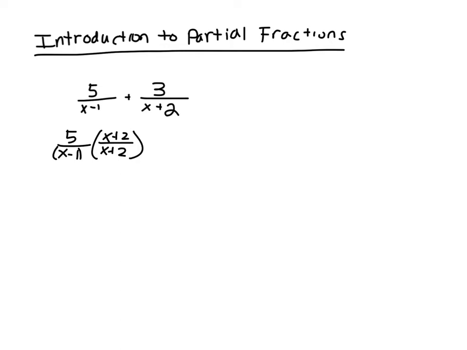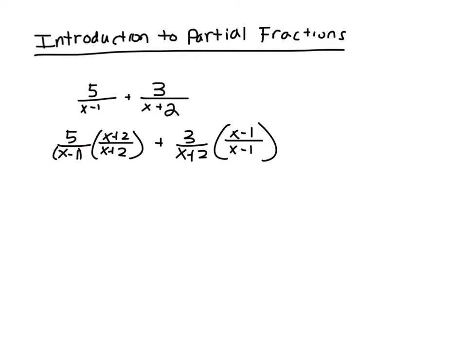Now in the bottom I would have x minus 1 times x plus 2, right? And of course, this is just 1, so I didn't actually change anything. I'm just multiplying this by 1. Okay, and then the same thing on the other side. If I were to multiply this by x minus 1 over x minus 1, now I have the same thing on the bottom. I have x plus 2 times x minus 1. Okay, that's the least common denominator.